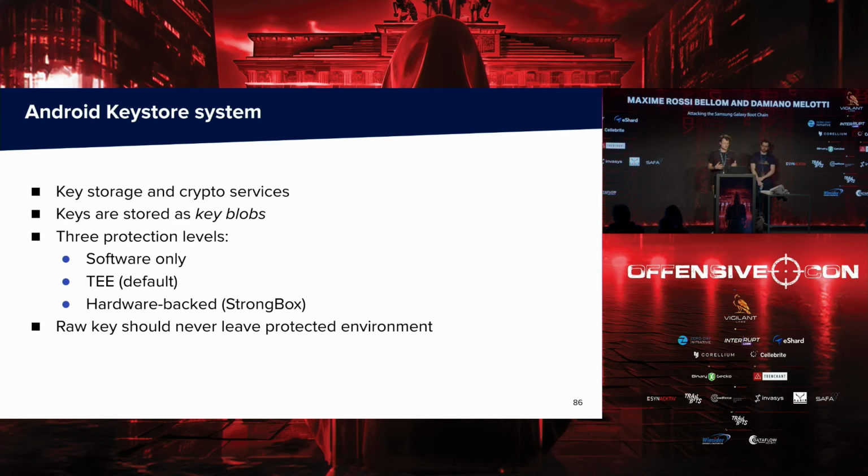So essentially, key blobs can be stored inside the file system, but the key material inside is encrypted and can only be used inside the environment it belongs to. So the idea is that you have different protection levels, and when you have to use the key, you will send the key encrypted to the component that runs in the protection level of choice that will use it.